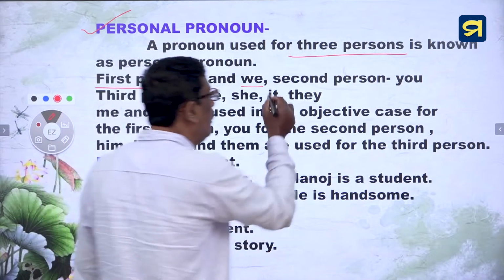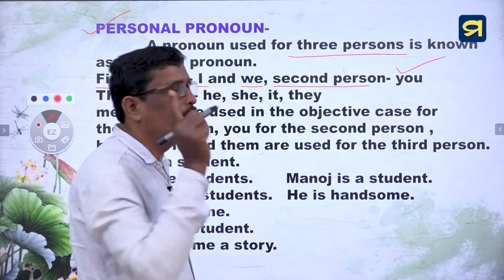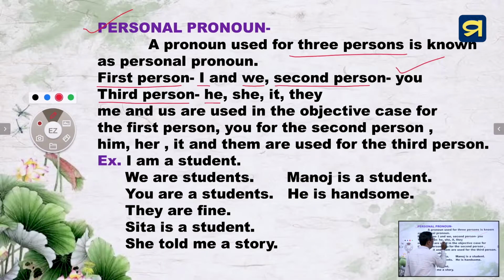For second person, you is used for both singular and plural. For objective case, for I, me is used, for we, us is used, and for you, only you is used.